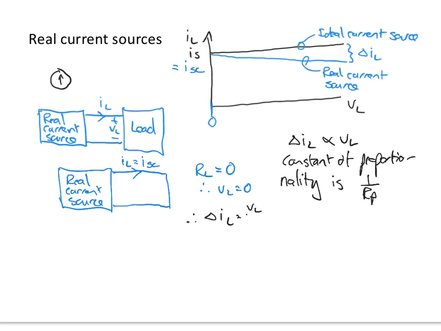VL over RP, and the load current can be written as the equation IL is equal to the short circuit current minus VL over RP.